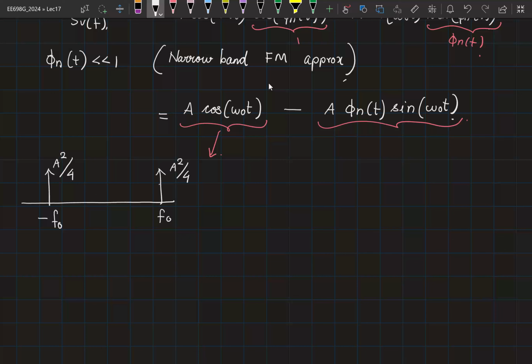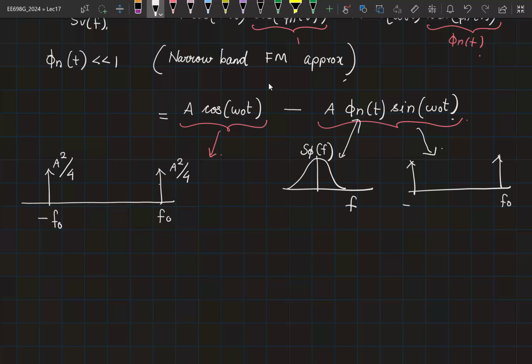Let's say phi n of t had some profile which was given like this, some S phi of f with respect to f. What about this one? Same thing. So this is again at f naught and minus f naught, A square by 4 and A square by 4.